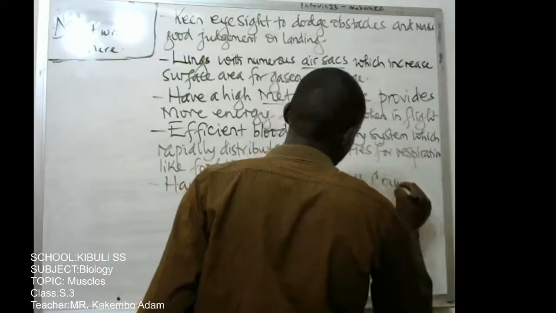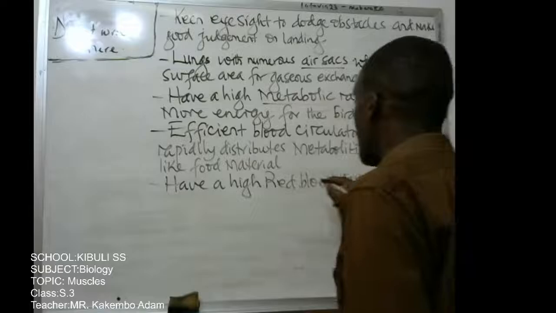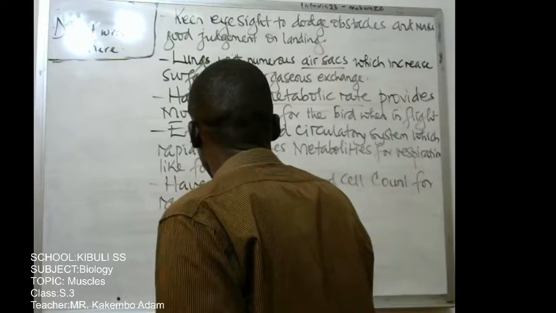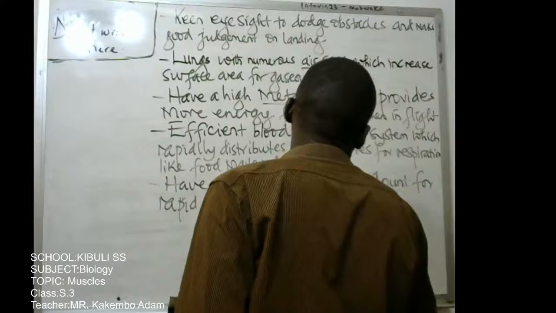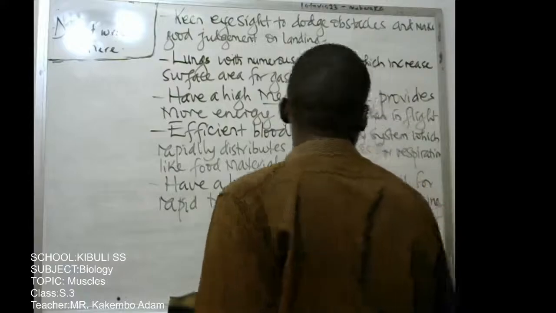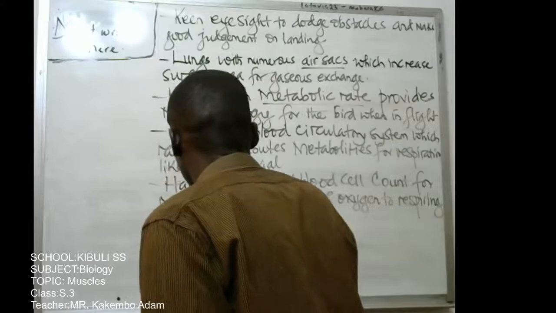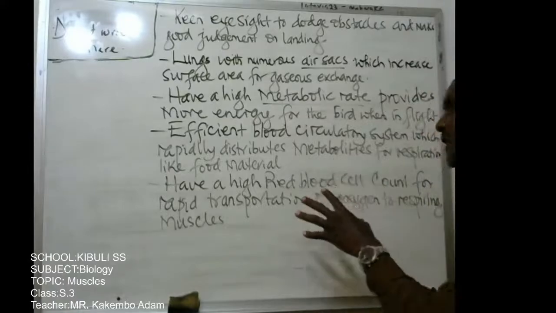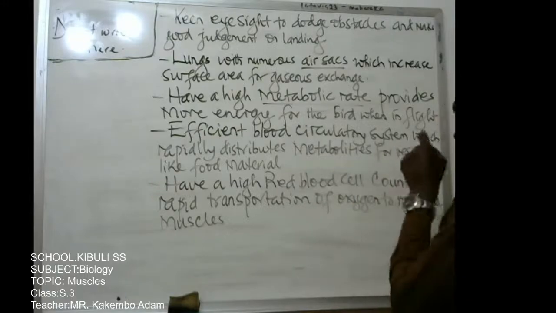They have very many red blood cells or erythrocytes for rapid transportation of oxygen to actively respiring muscle cells. Remember, for it to fly, it keeps flapping the wings, so it needs energy. For that reason, it has many red blood cells for transporting oxygen to respiring muscles.